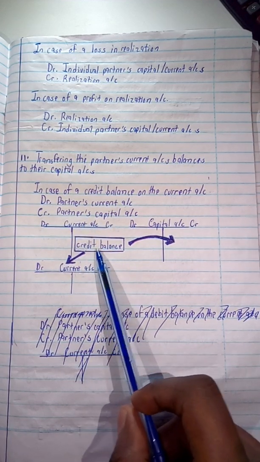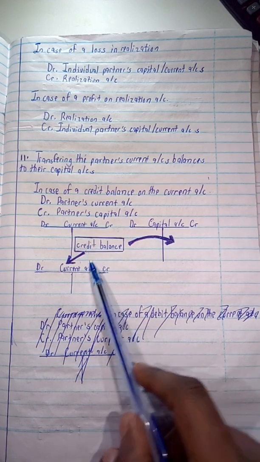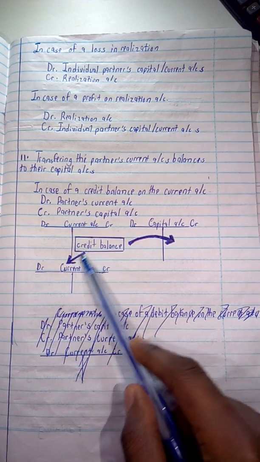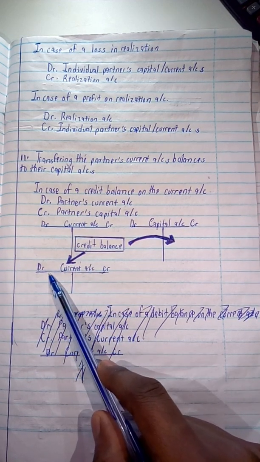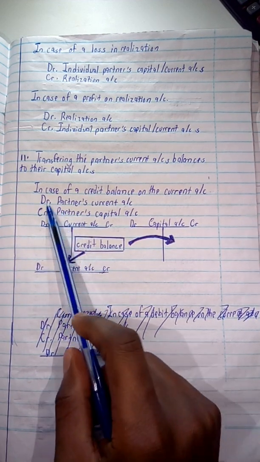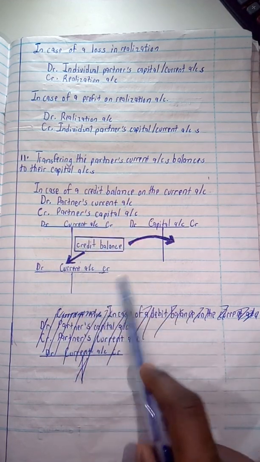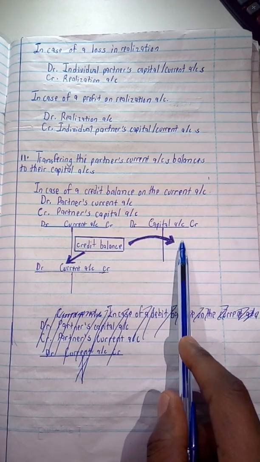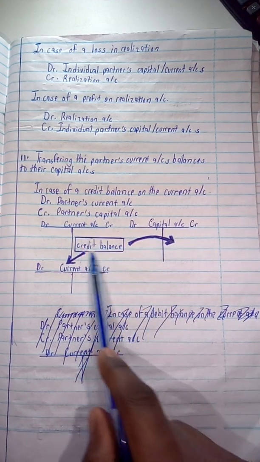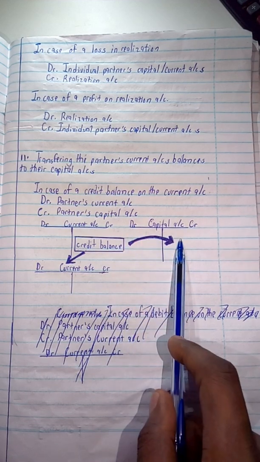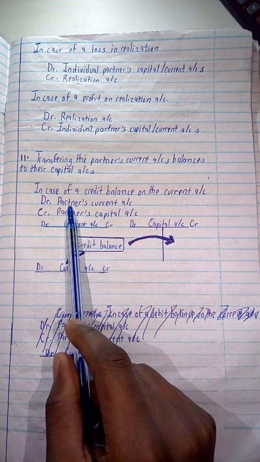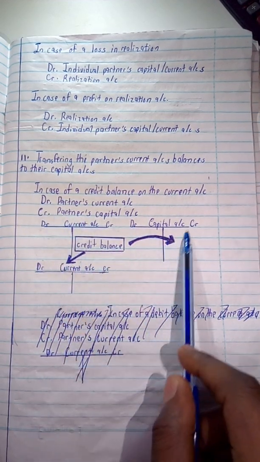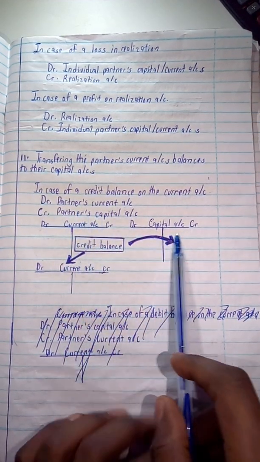To clear a credit balance, it's going to go on the debit side, meaning debit the partner's current account, and the partner's capital account is just going to go on the credit side, the same as this side here. So I've debited my current account and credited my partner's capital account.